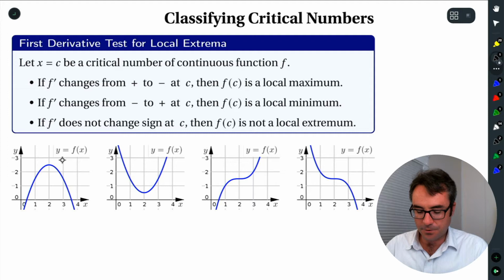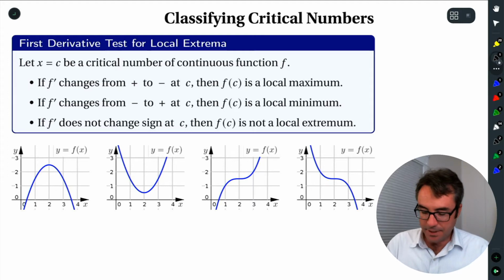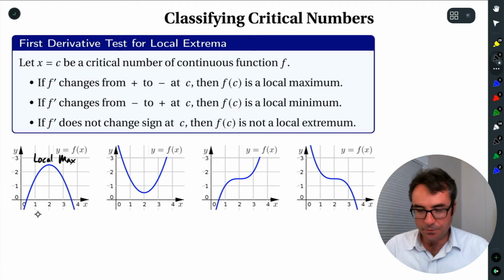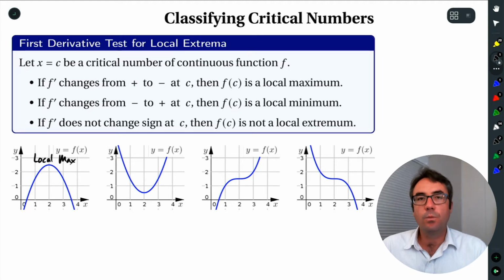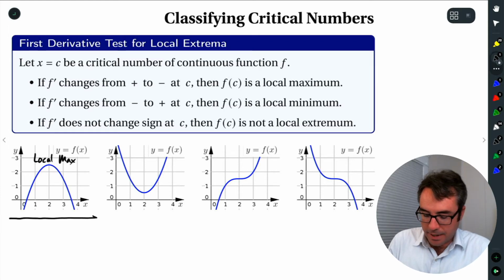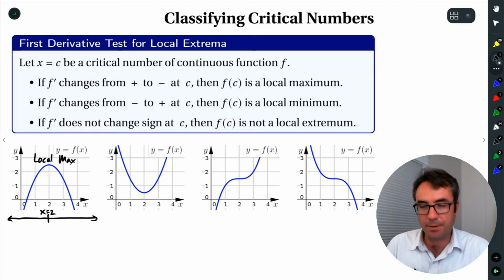So let's look at this first graph here. This one is definitely a local max, and it's at x equals 2. If we were going to be doing this, we would have a sign chart written out. We would have found that x equals 2 is a critical number.